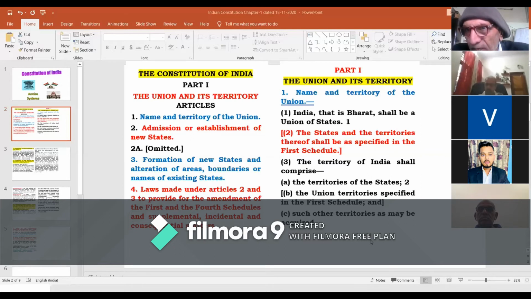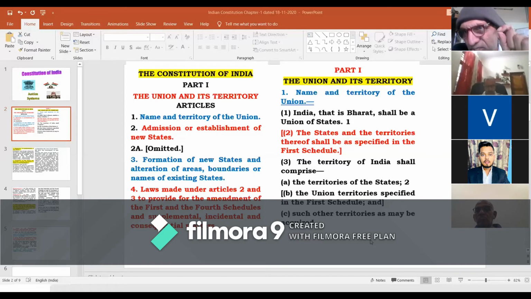Therefore, we have to look at each and every aspect of our existence: we as a people, we as a territory, we as a state, we as a nation have ancient continuity.